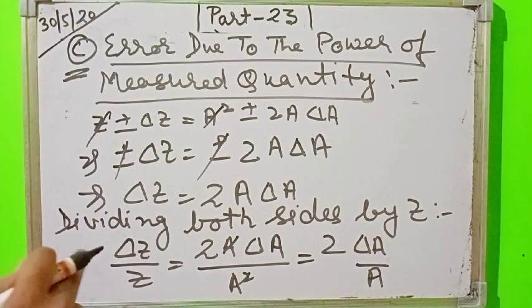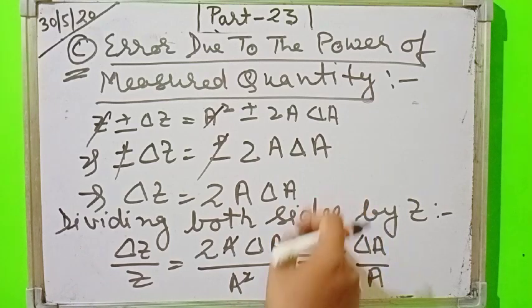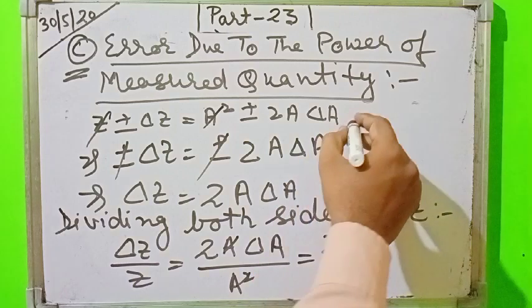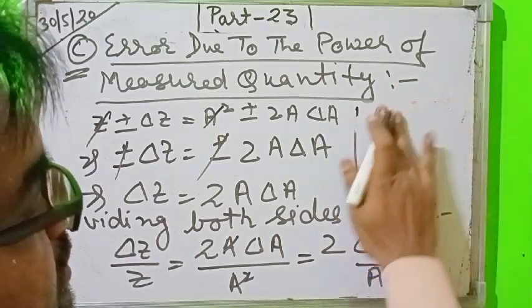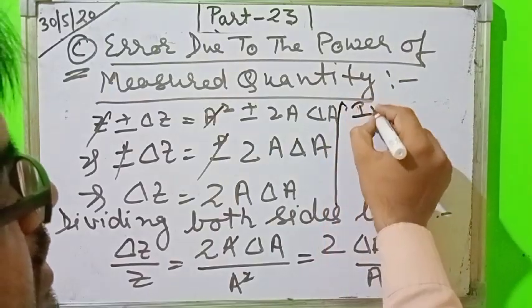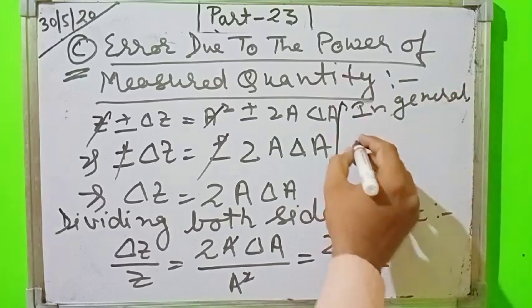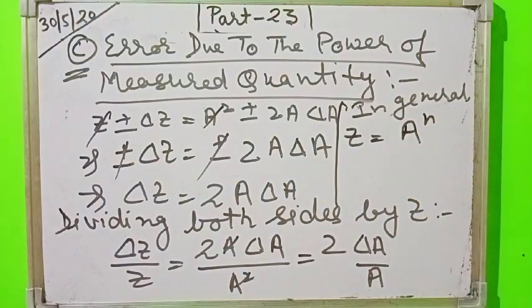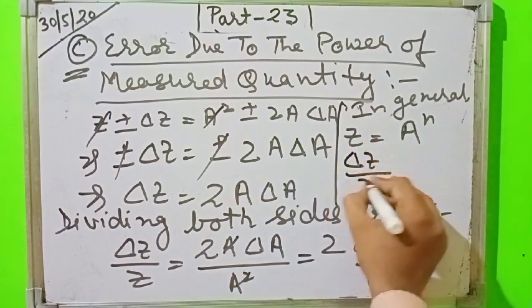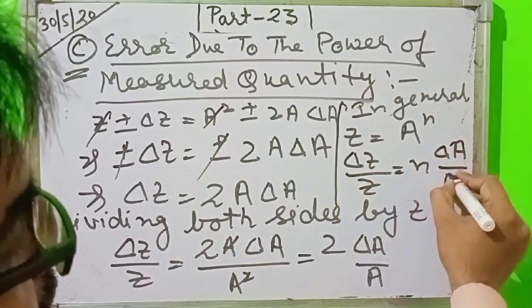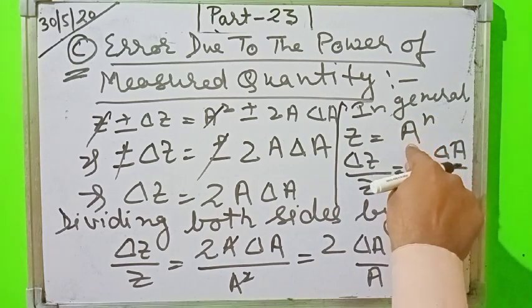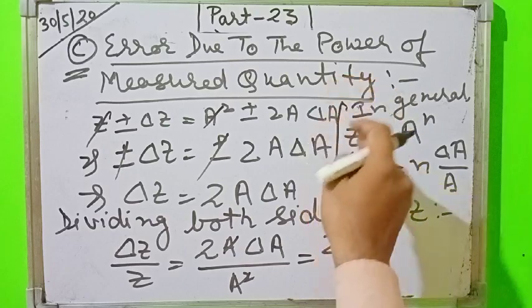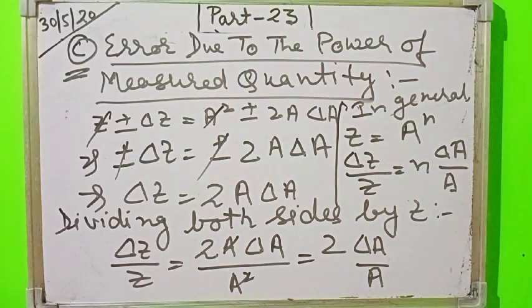Means what we had seen is that for the square of any physical quantity, the relative error in the result is the power multiplied by the relative error in that quantity. So in general form, if Z is equal to A power n, then delta Z upon Z is equal to n delta A upon A. The power is going to be multiplied with the relative error in the measured quantity.